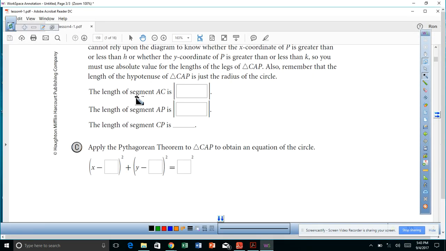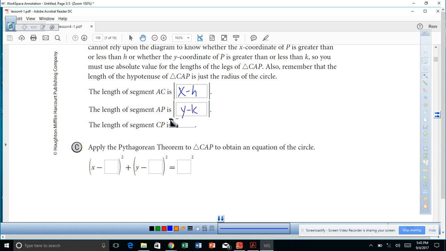The length of segment AC is absolute value of x minus h. And the length of segment AP is absolute value of y minus k.